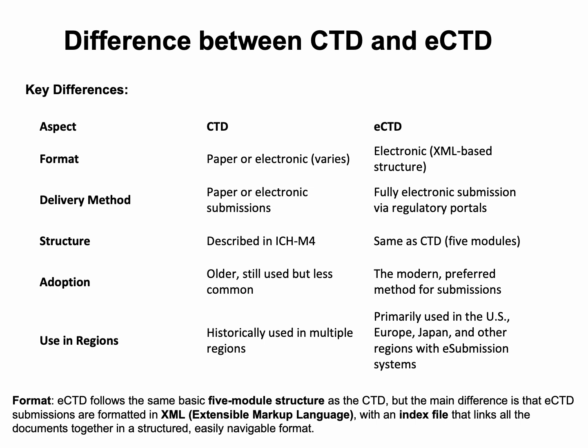We can also look into the format, and we see that the CTD may be in a paper or electronic format, where we have 5 modules and we have to add information in those modules, but it can also be electronic, where we have to have an indexation of the content of the CTD.